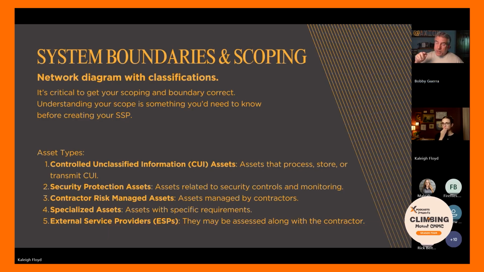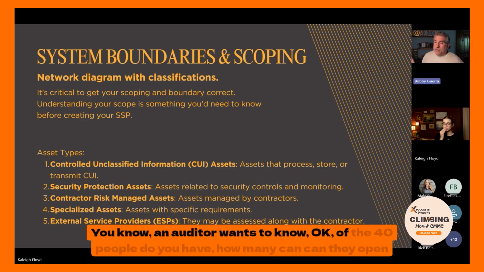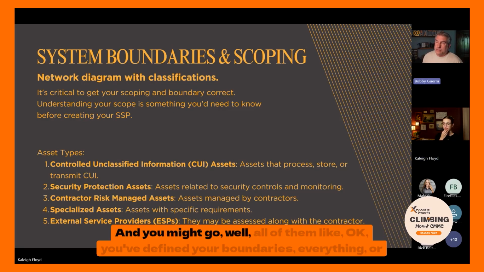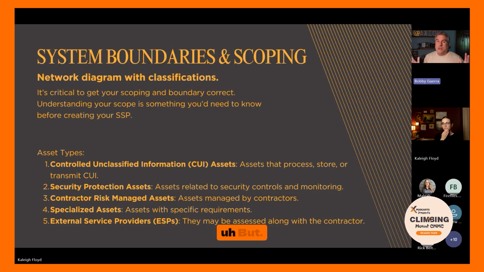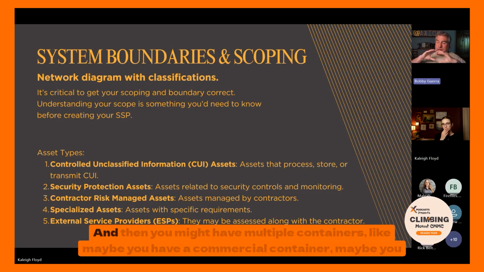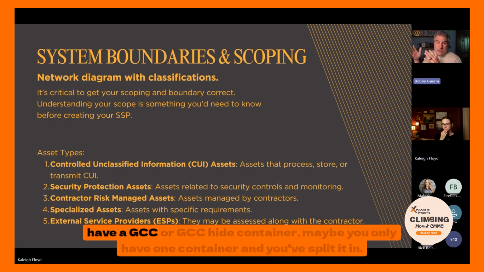And the auditor wants to know, okay, of the 40 people you have, how many can open CUI? And you might go, well, all of them. Okay, you've defined your boundaries. Or you might go half of them. And then you might have multiple containers, like maybe a commercial container, maybe a GCC or GCC High container, maybe you only have one container and you've split it.